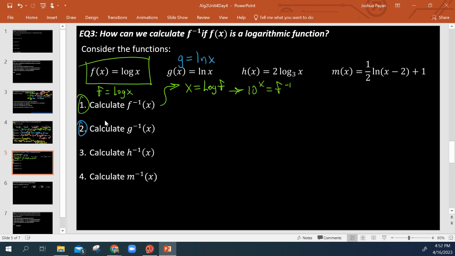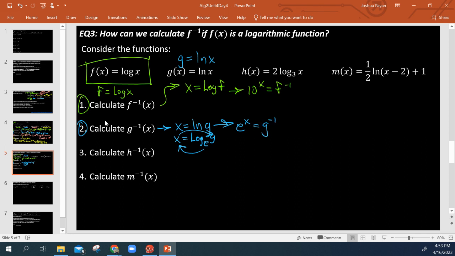We're going to rewrite it flipped around, so we're going to say x equals ln g. And again, that means x equals log base e of g, right? If we use the kinetic method, we're going to say e to the x equals g inverse now.